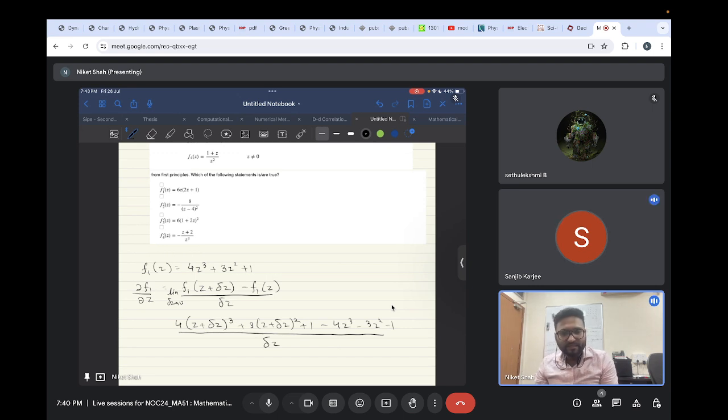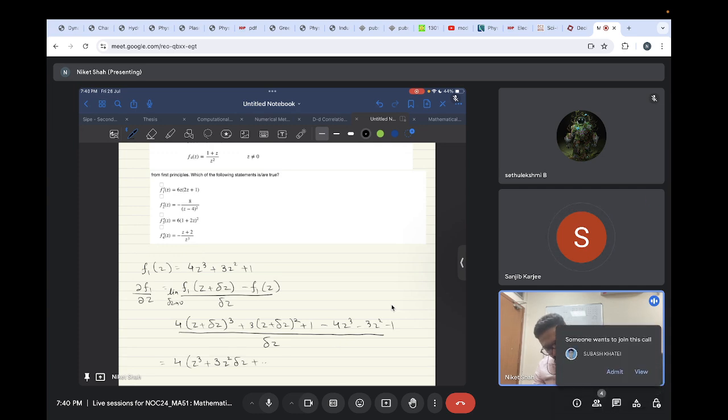Here, because del z is tending to 0, it's very small. So of course I'll expand each and every function here up to linear order in del z only. So this is equal to 4 into z cube plus 3z square delta z.